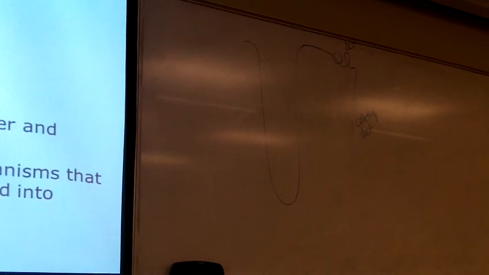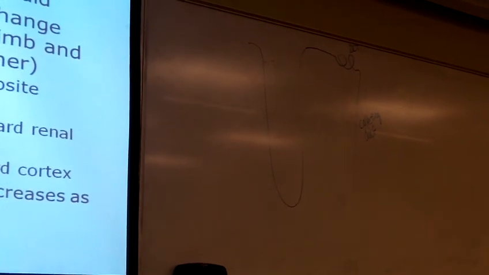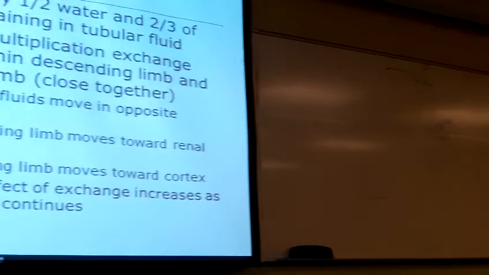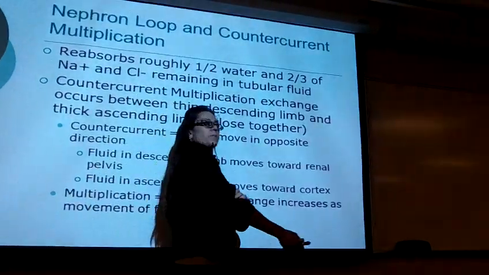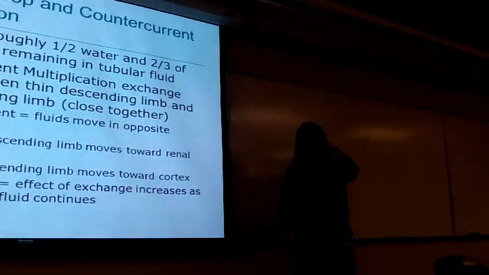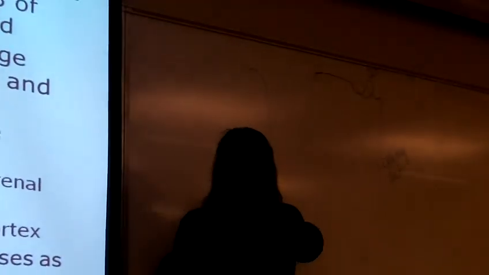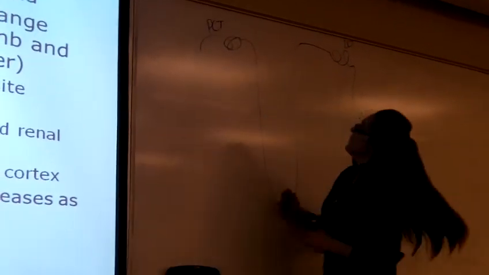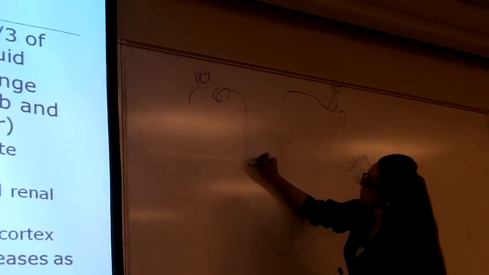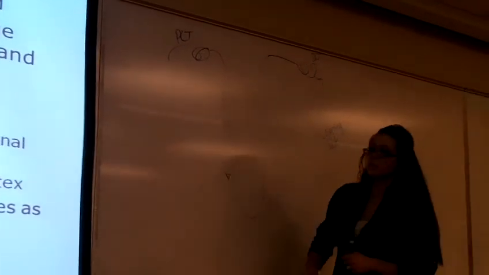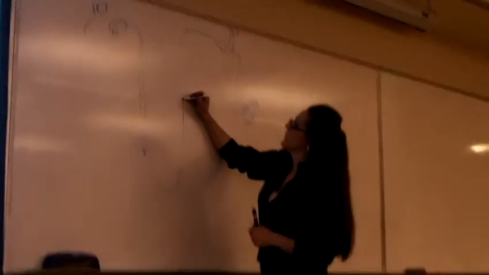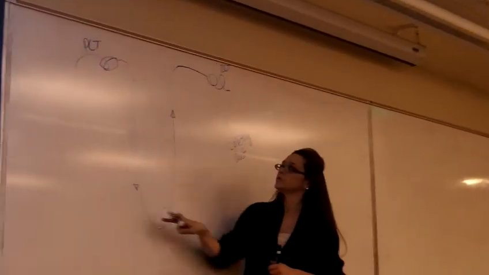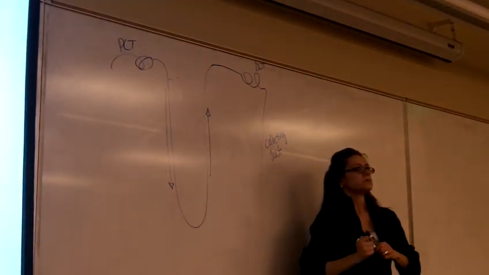Okay. So what is countercurrent multiplication? The countercurrent part means that fluids are moving in the opposite direction. So if this is our loop of Henle here, and this is our PCT, that means that fluids are moving down the descending limb, and then fluids are moving in the ascending limb. Fluids are moving in two directions.